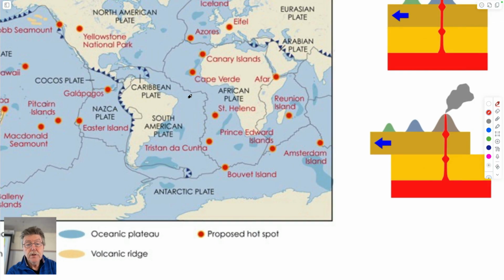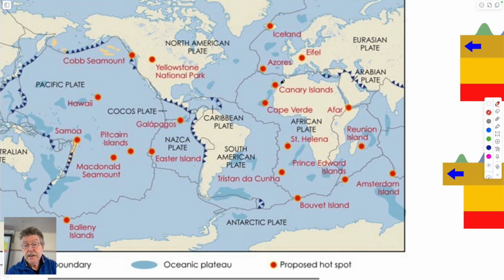The hotspots we looked at were the Canary Islands, Cape Verde south of them. We looked at the Azores, cooking our seafood. We looked at Iceland, and some random other places around the world. Again, we concentrated on constructive plate boundaries where we're making crust rather than destroying it in subduction zones.